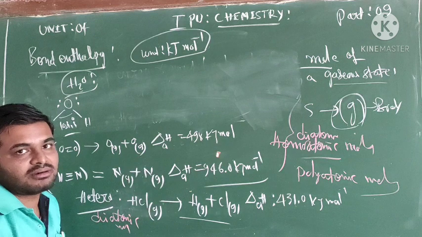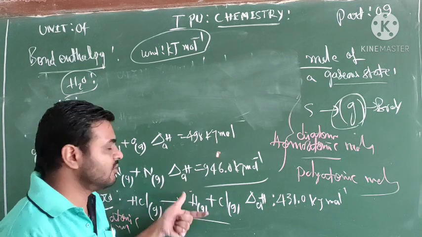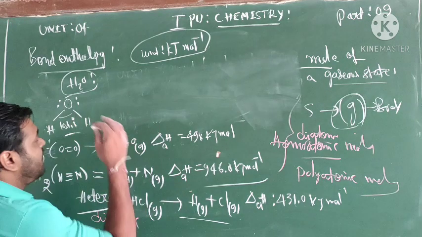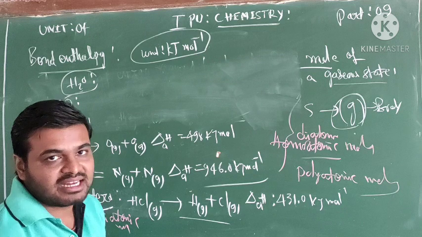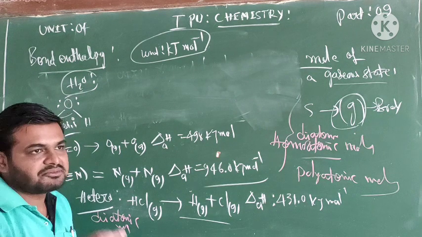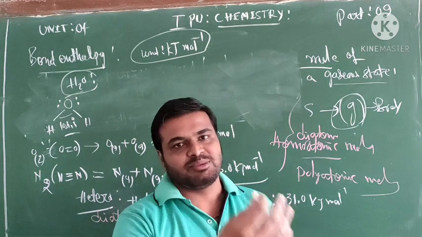So how they are formed and how their bond enthalpy is calculated is very difficult compared to homodiatomic and heterodiatomic molecules. How is their bond enthalpy calculated? See here, say H2O. First, the weakest bond is broken.